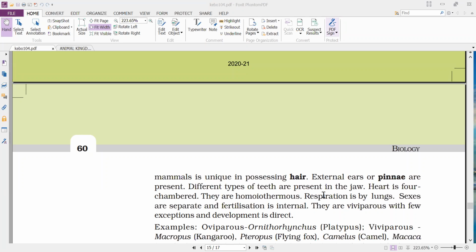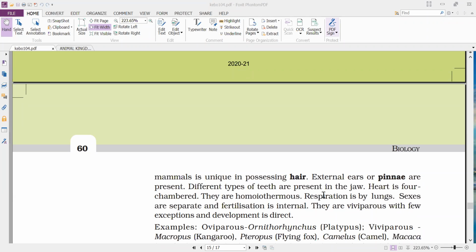And next, the respiration is by lungs. Whatever the habitat, even if they are aquatic, the respiration occurs by lungs only. That's why if any mammal is aquatic, it regularly comes to the surface water to take in oxygen, fills the lungs with air, and moves into the deep waters again.